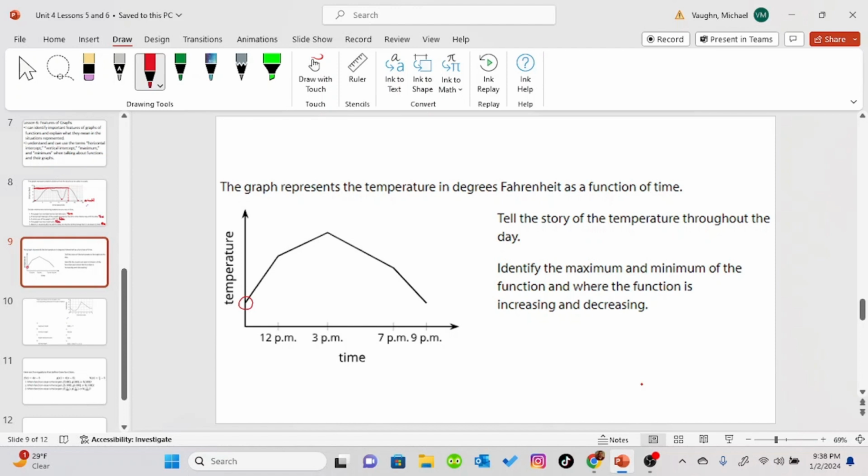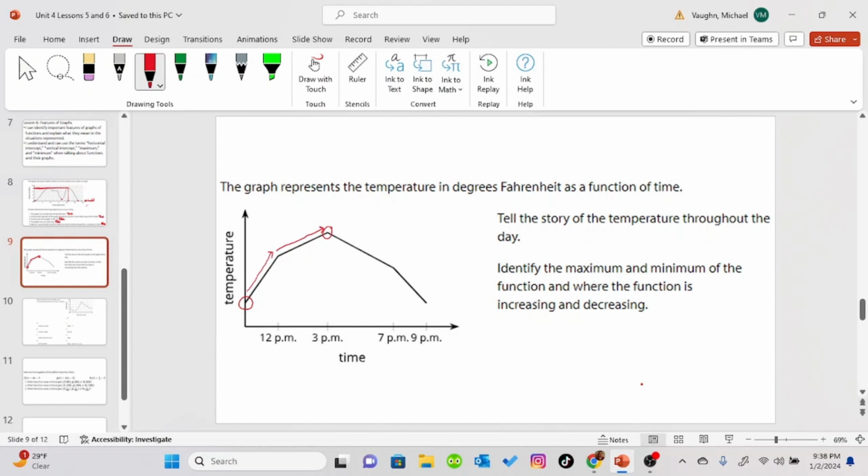Then we can see it increasing quickly until noon. From noon until 3, it continues increasing, but at a slower rate until it reaches the maximum temperature at 3 p.m.